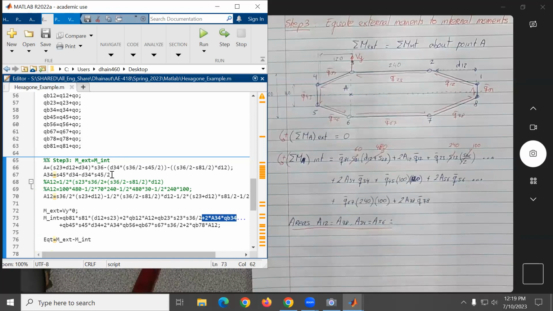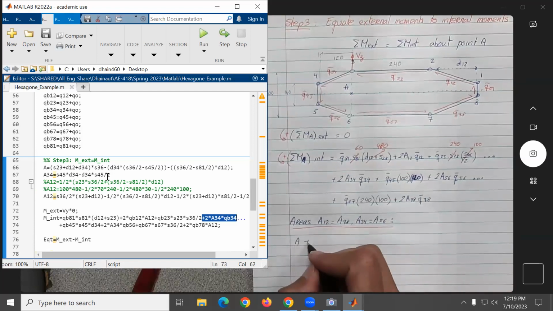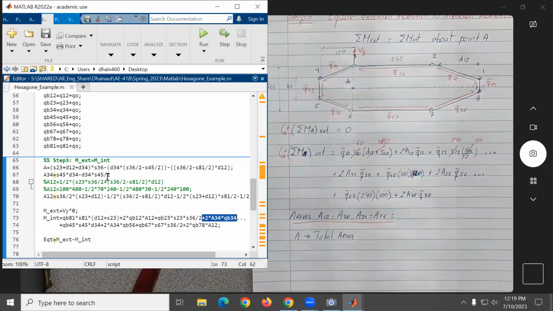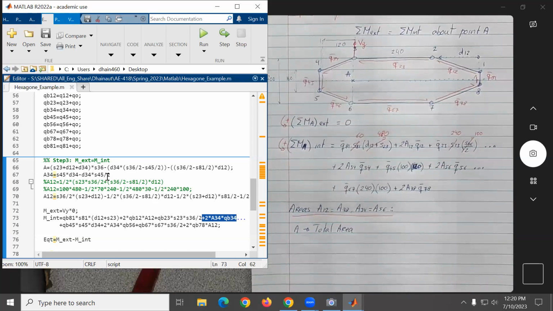Yeah, area 3/4, you see? So I did, okay. So first, let's say, okay, so I did a color here. So let's say A will be the total area. Okay, I'll let you do it, okay, but basically what should be the total area?